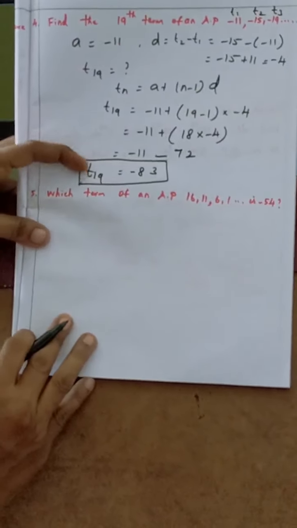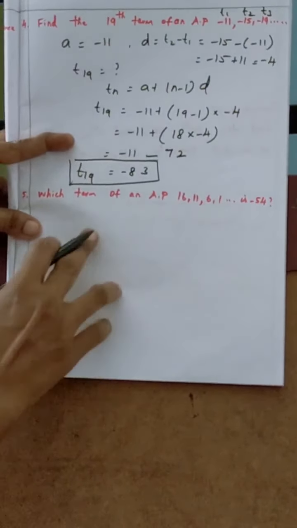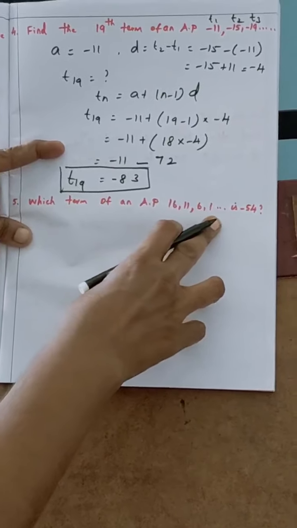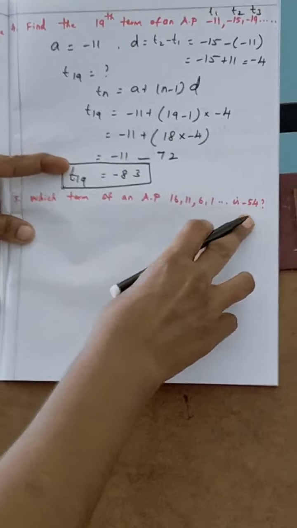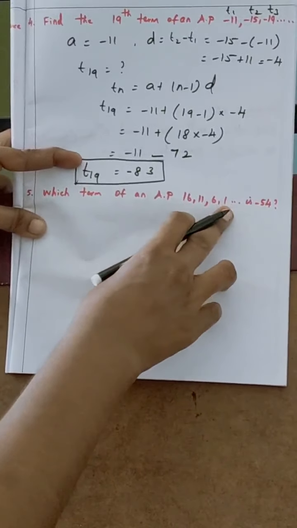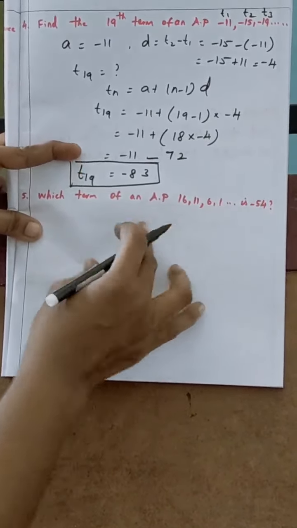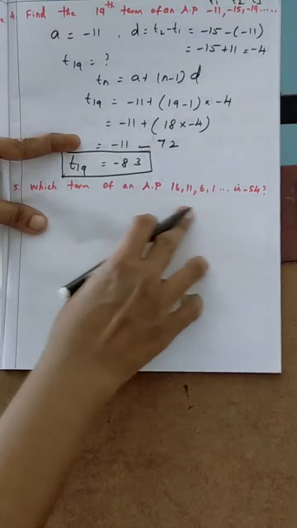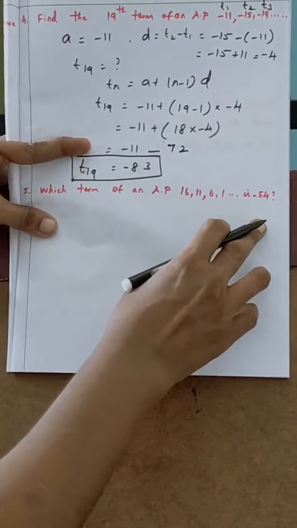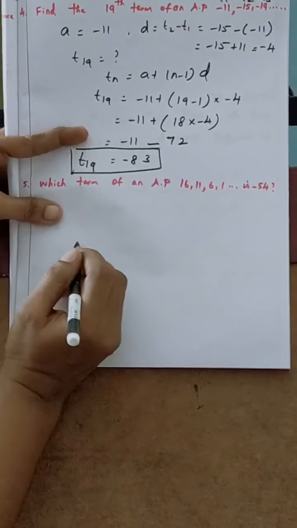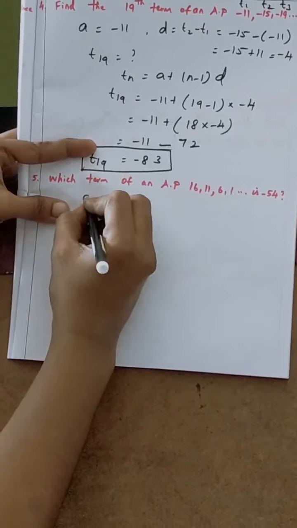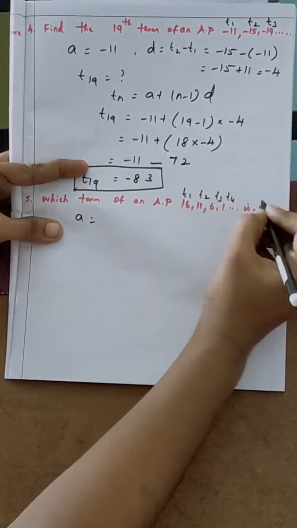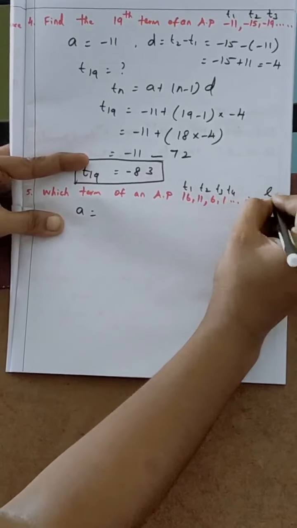And the next one is the fifth question. Which term of an AP 16, 11, 6, 1 is minus 54? Okay students, this sequence is a finite sequence only. So find the number of terms. Which of the terms has the value minus 54? That only is asked in the question. So find the A value and then the common difference. A equal to, that one is T1, T2, T3, T4. This one is the last term, L only.